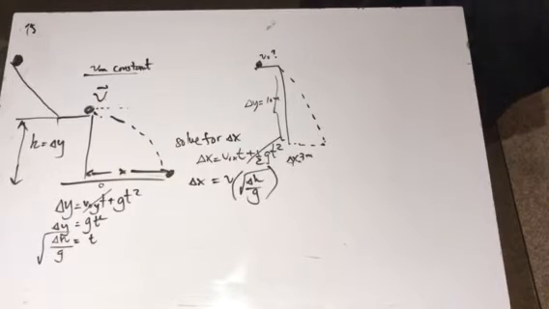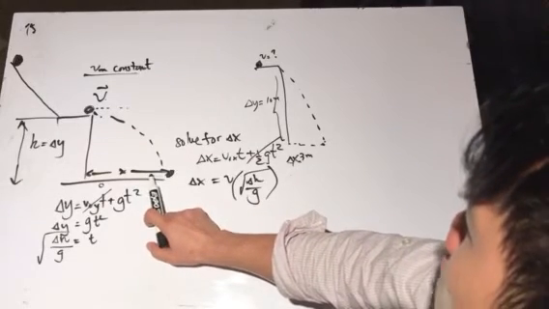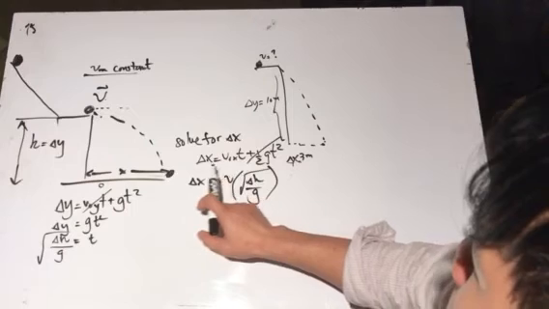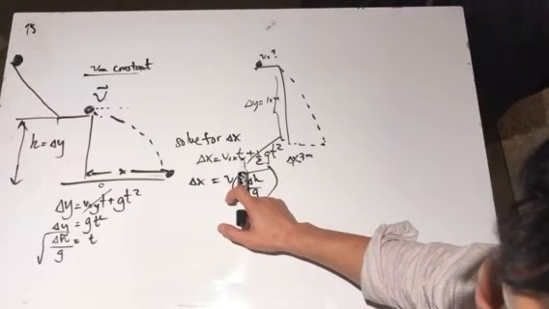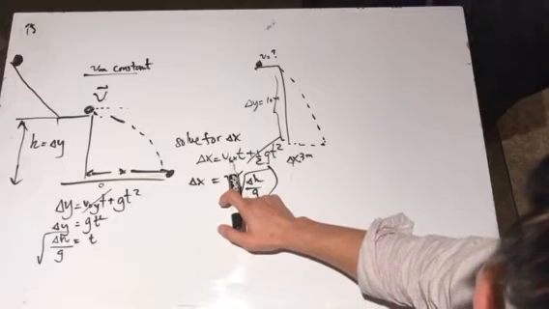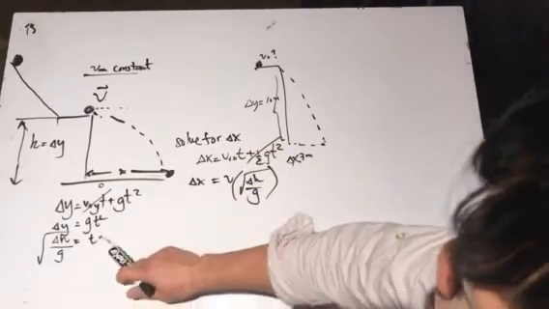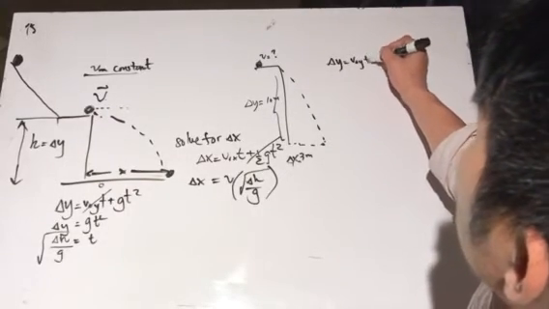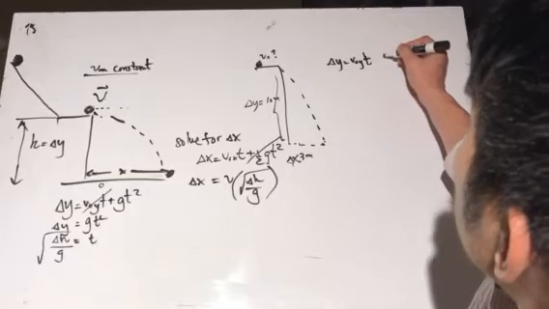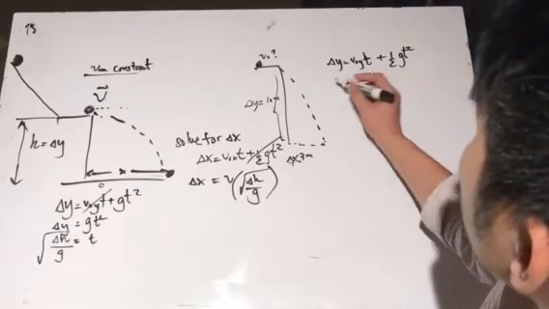Do we know the time? Right now we know the displacement in the x direction. We need to know the time in order to figure out the initial V0x. But since we don't know the time, let's go back to this equation: delta y equals V0y t plus 1/2 g t squared.